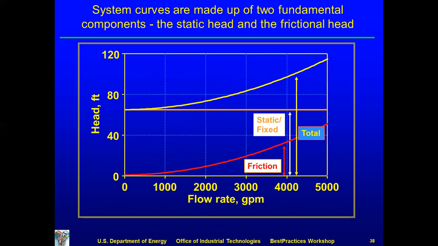I don't seem to be able to get a pointer moving here, so you'll just have to look at that. And then if there is a static head, it's just a horizontal line. So the total head would be the combination of those. Or you can think about picking up the frictional curve and setting it on top of the static curve, and then that total curve up on top represents total head. So that's not too bad.